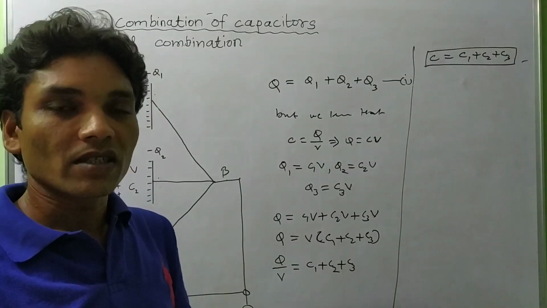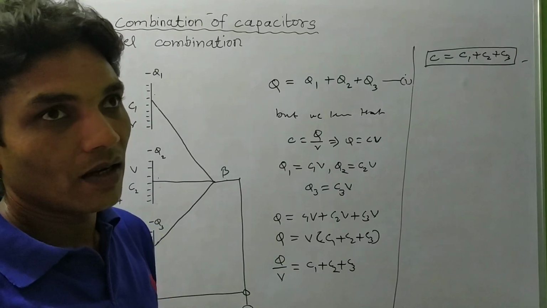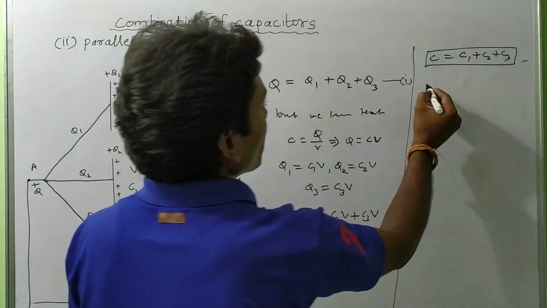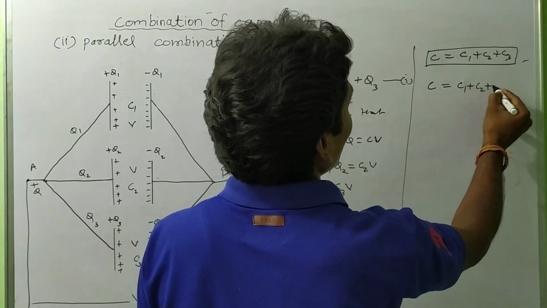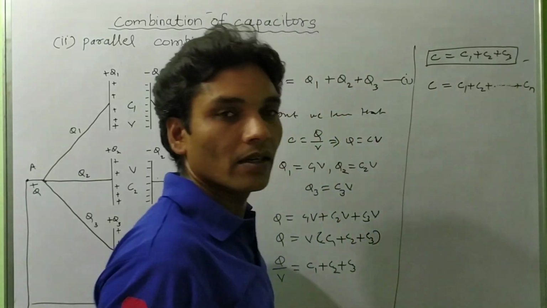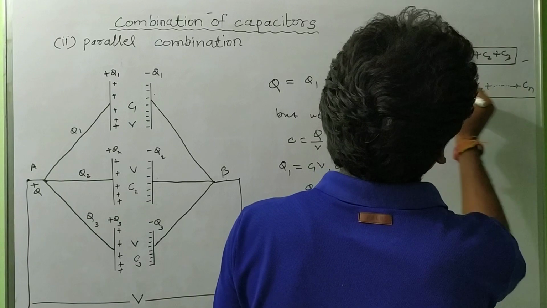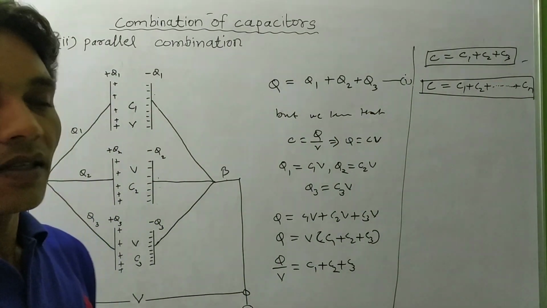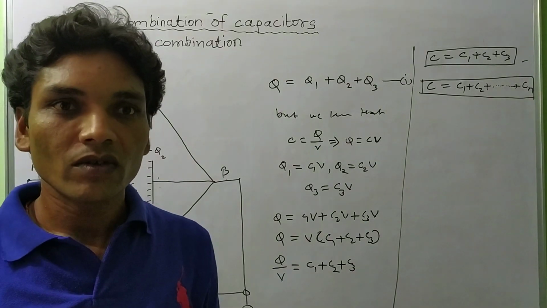For n capacitors, let n capacitors be connected in parallel. What will be the equivalent capacitance? It will be C equals C1 plus C2 plus and so on up to Cn. This is the equivalent capacitance of the combination of capacitors. Understood? Thanks.